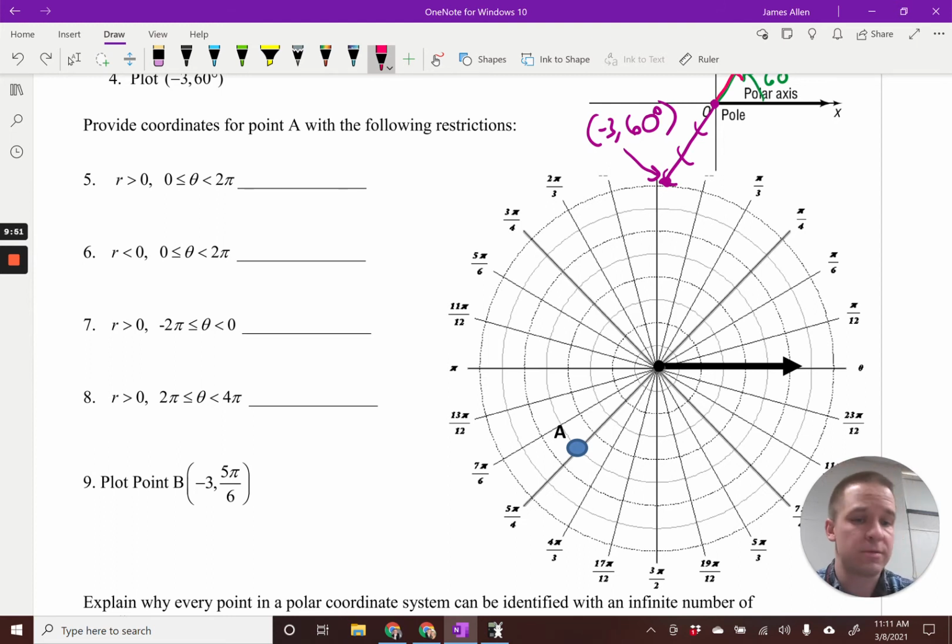So we're in radians, okay? So what's my radius here? I've got 1, 2, 3, 4, 5 is my radius, okay? So 5 is my radius. That's a positive r value. And then my theta, well, between 0 and 2 pi, I've already got it: 5 pi over 4.